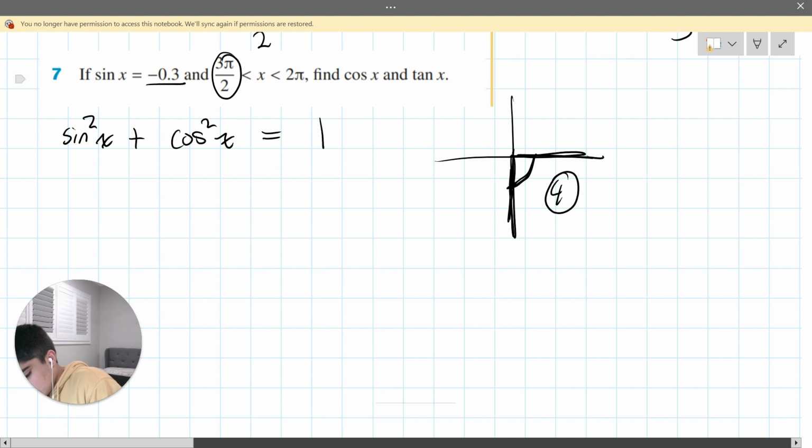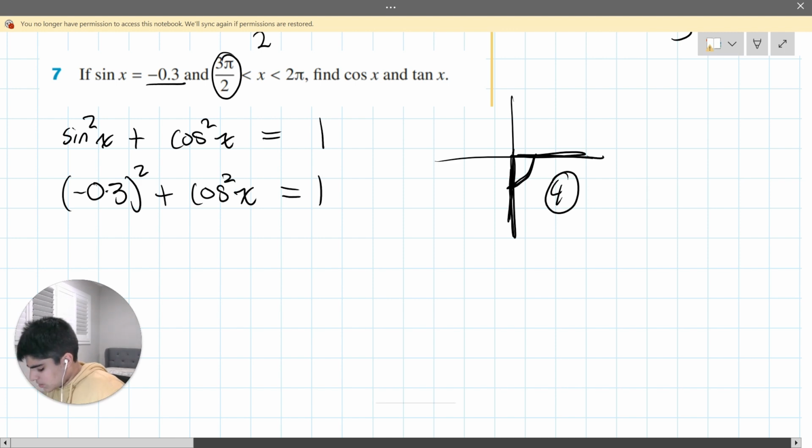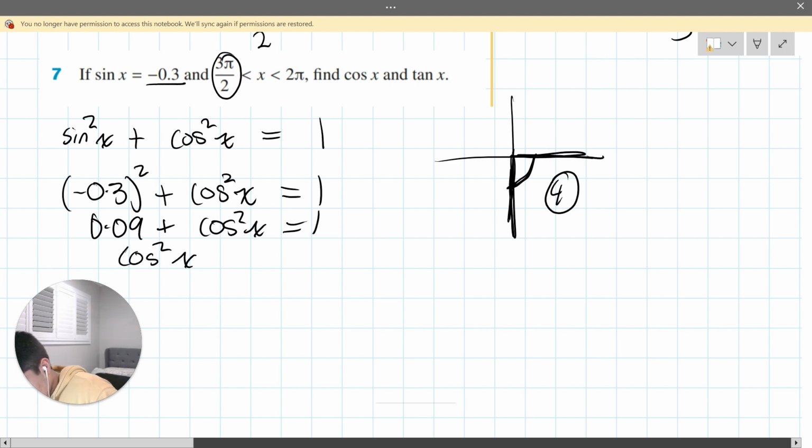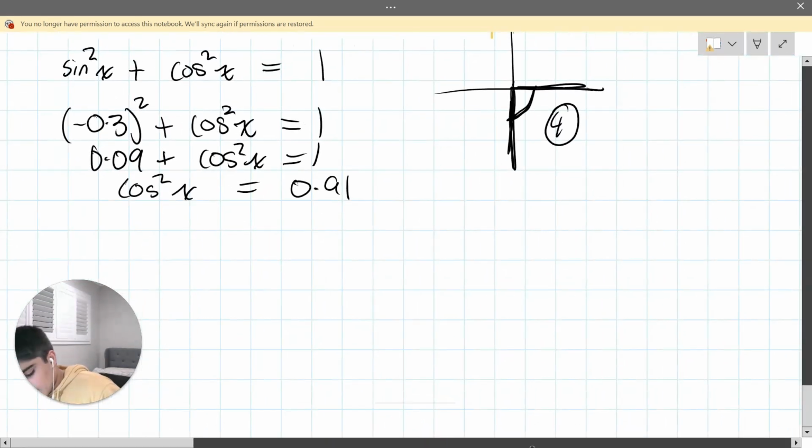We know sine x, this is negative 0.3, so negative 0.3 squared plus cosine squared x equals 1. 0.09 plus cosine squared x equals 1. Cosine squared x equals 0.91. Now let's fractionalize this answer.